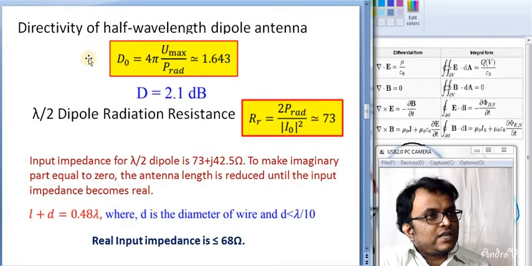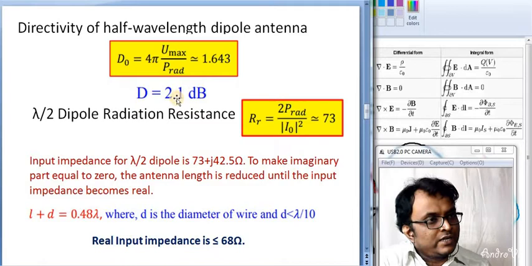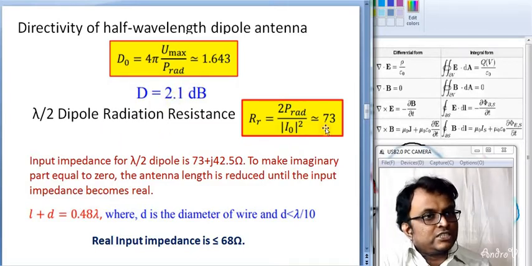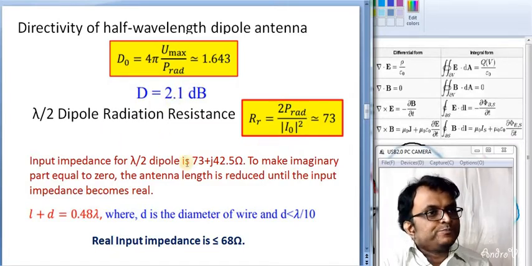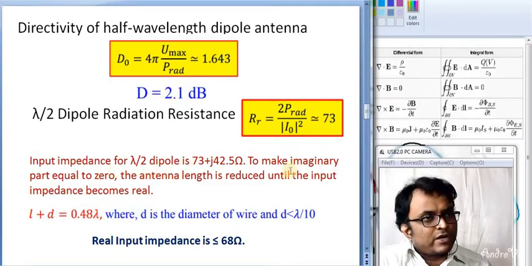In a nutshell, the directivity of the short dipole antenna, that is the Hertzian dipole antenna, is given as 2.1 dB, and the radiation resistance is 73 ohms. But the dipole antenna resistance, which is the real part, is also associated with some imaginary part.